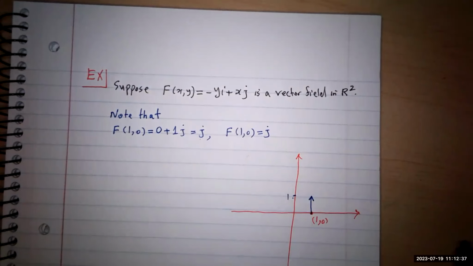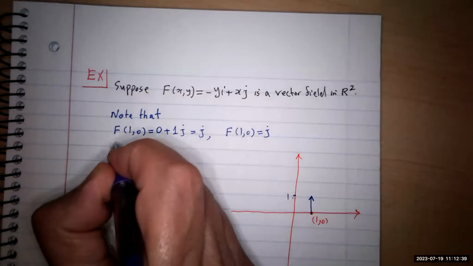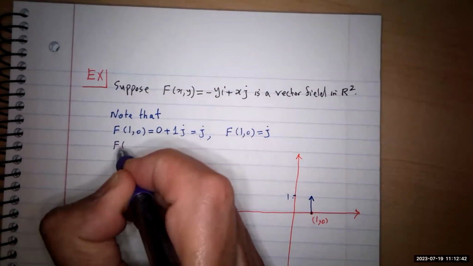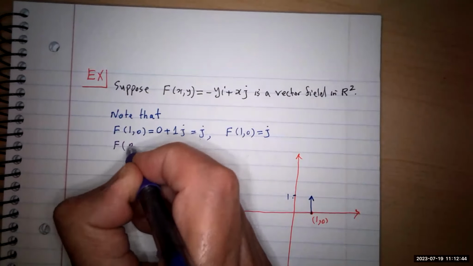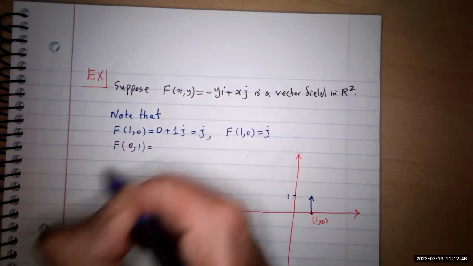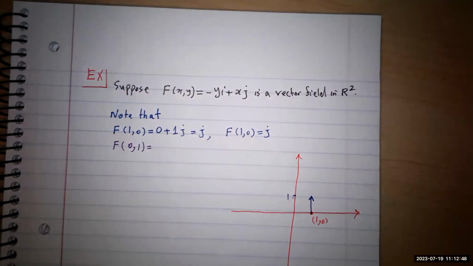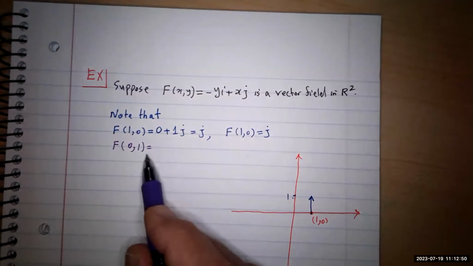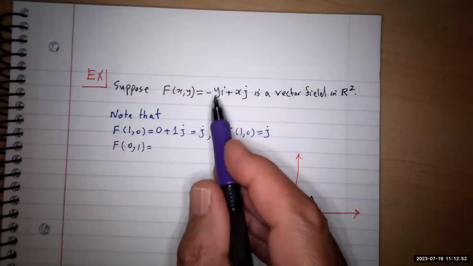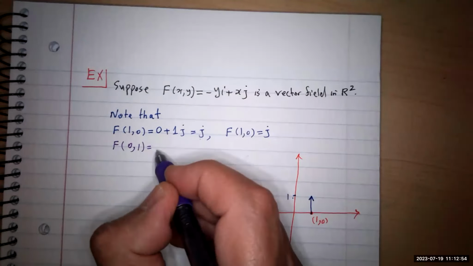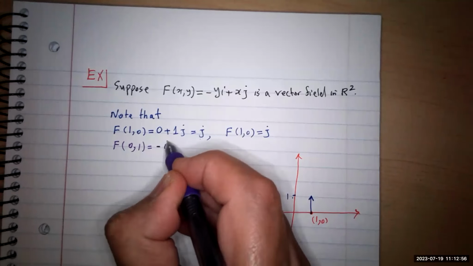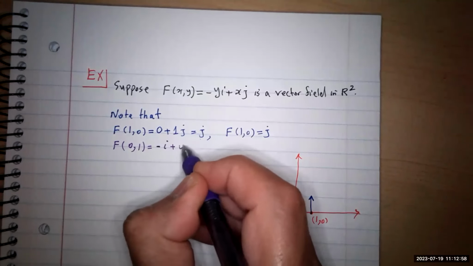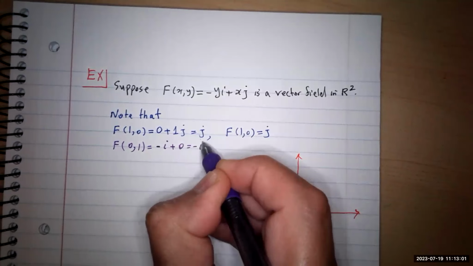If you pick another number, or if you want to see what is going to be f of 0, 1, your x is 0 and your y is 1, so that gives a negative, so negative i. x is 0, so plus 0, so that gives a negative i.